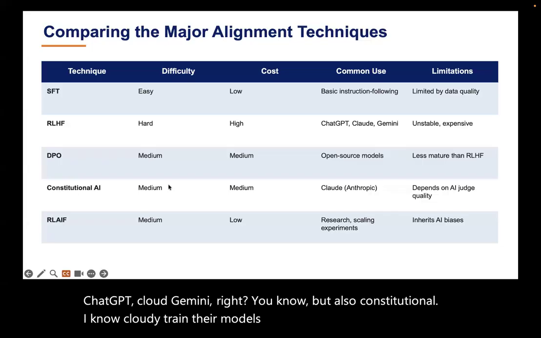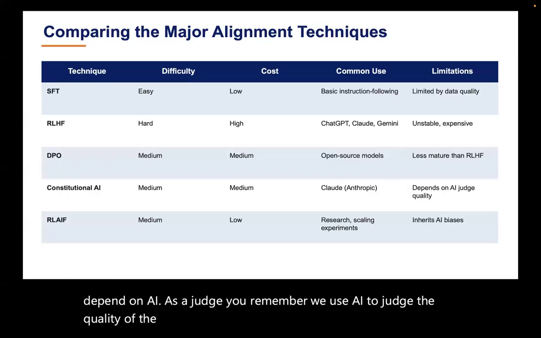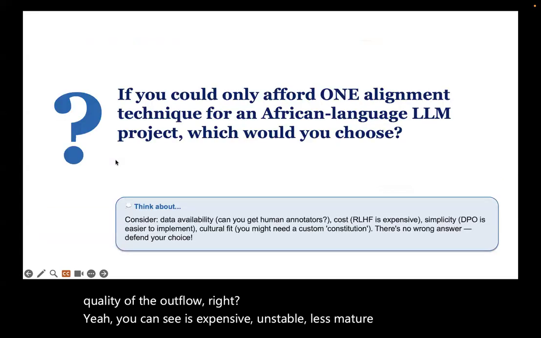But constitutional AI depends on AI as a judge. You remember we use AI to judge the quality of the output, right? RLHF, you can see, is expensive, unstable, and less mature than DPO because it's a newer one.